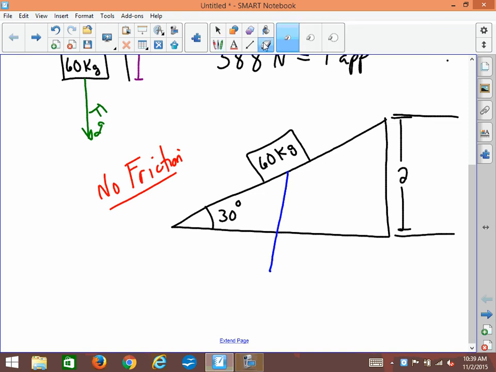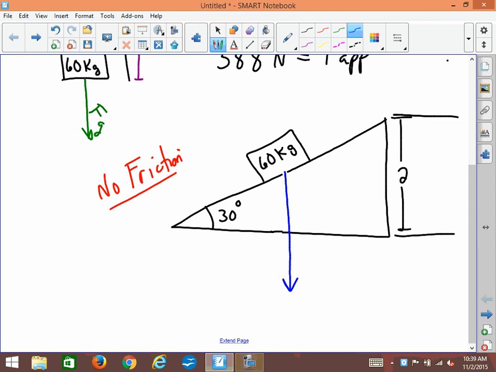That doesn't look straight down, does it? That looks a little bit wacky. So let's see if I can fix that. And let's put this sort of straight down. That's a little better. Fg, force of gravity. Right? And we know what that is. It's 60 times 9.8. And we already figured out from before that it's 588 newtons.